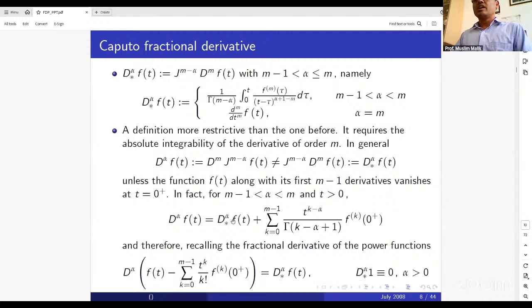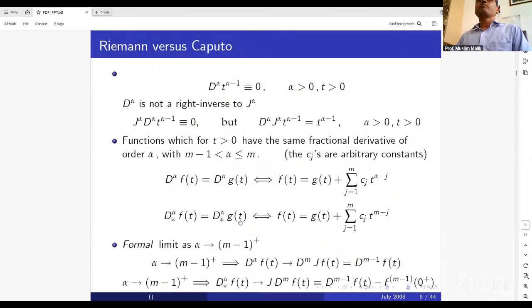This means the Riemann derivative of a function equals the Caputo derivative of the function. So here D^alpha, the Riemann derivative of t to the power alpha minus 1, will be 0 if alpha is greater than 0.